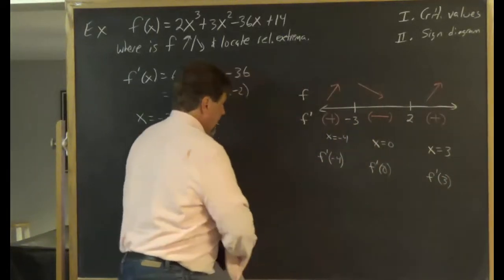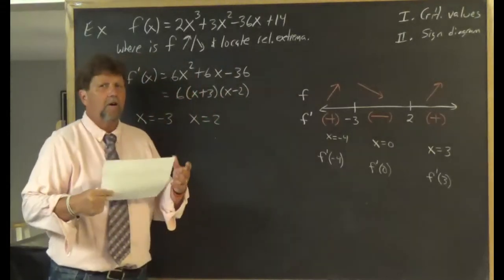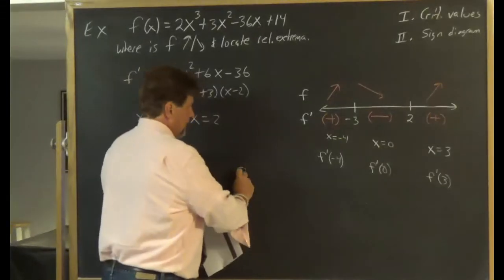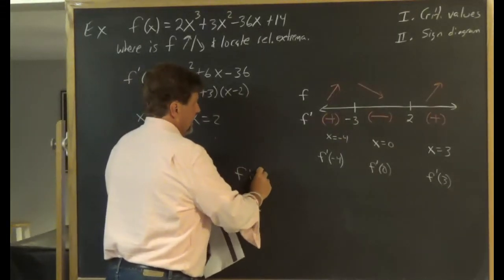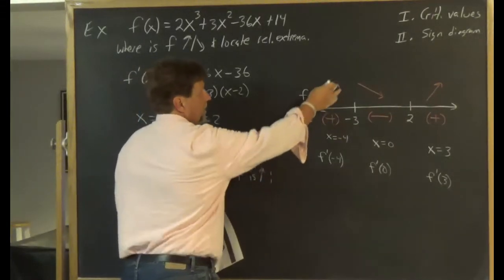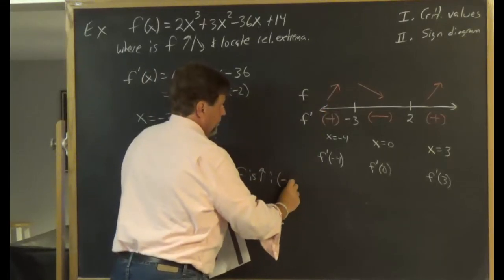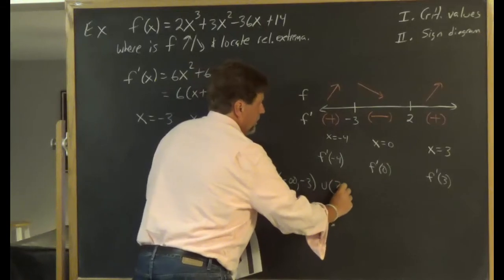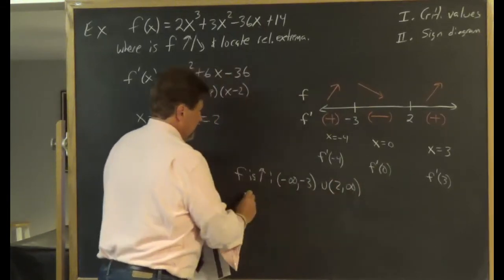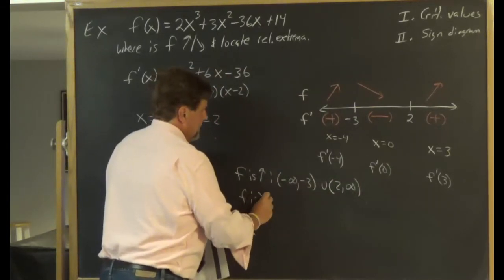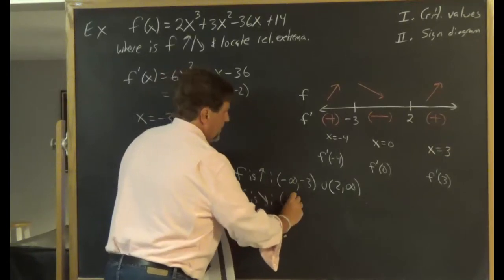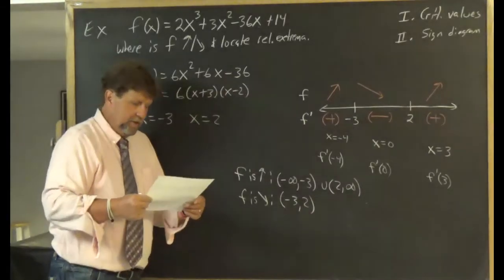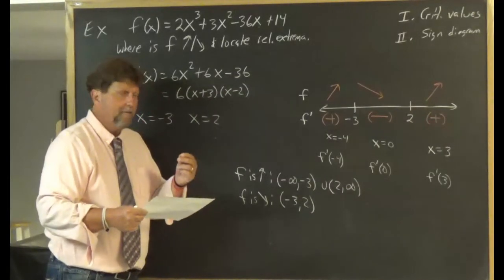Folks, the sign diagram answers all of the questions. The sign diagram tells me the function is increasing on the interval -∞ to -3, union with 2 to infinity. The function is decreasing on the interval -3 to 2. It also tells me that we have a relative max.